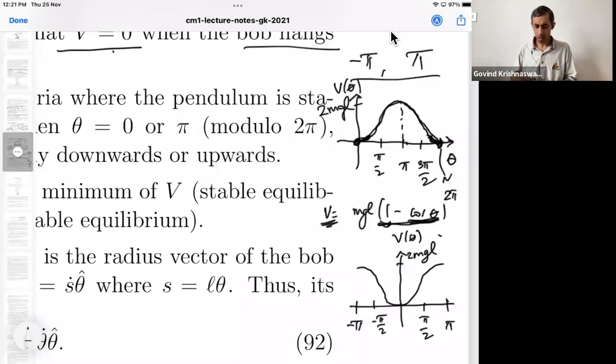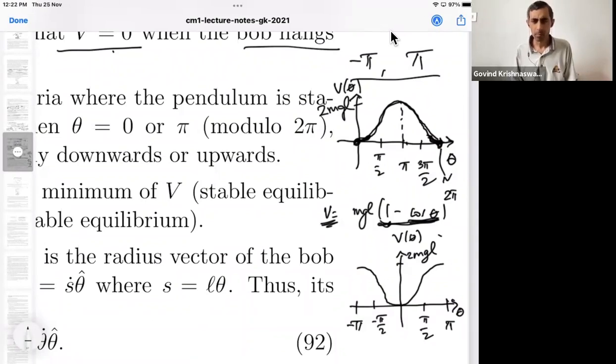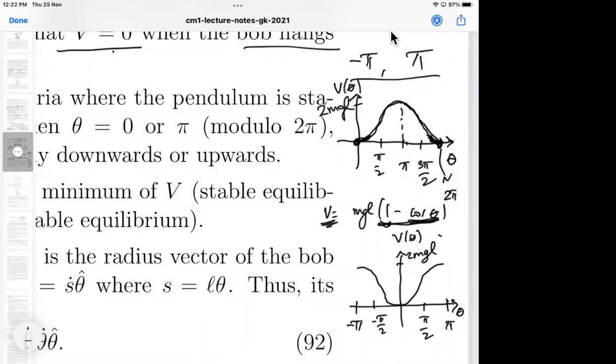So near theta equal to 0, what does this potential remind you of? Very close to theta equal to 0, what is the shape of the potential? It is a stable equilibrium and kind of parabolic. Exactly, yes.